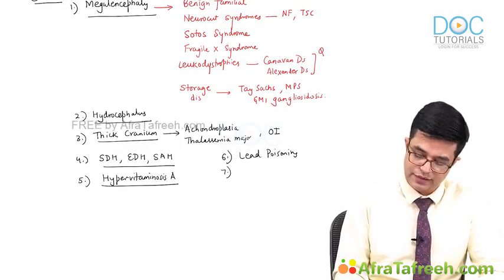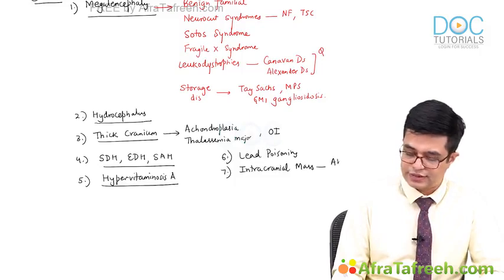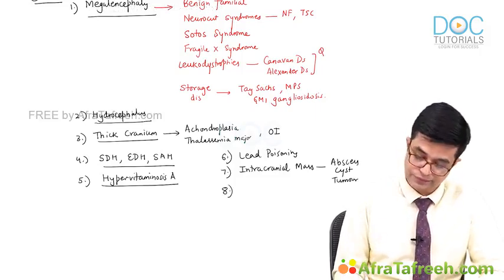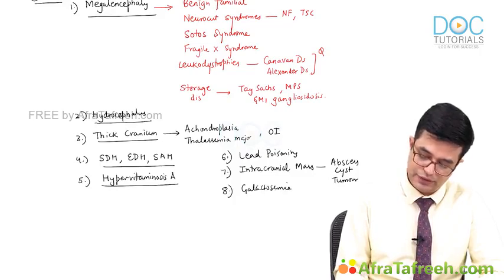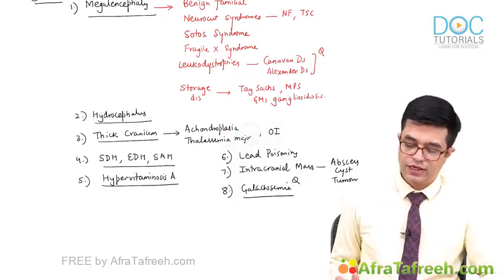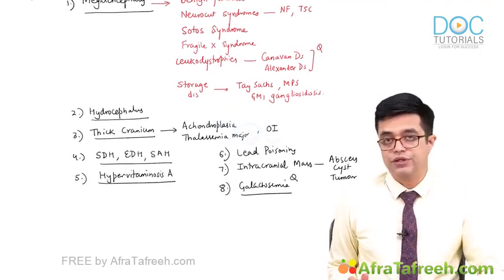It can be seen in intracranial mass, for example, an abscess or a cyst or a brain tumor. And finally, it can be seen in long-standing galactosemia. Again, MCQ point. So these are the common causes of macrocephaly that you need to remember.